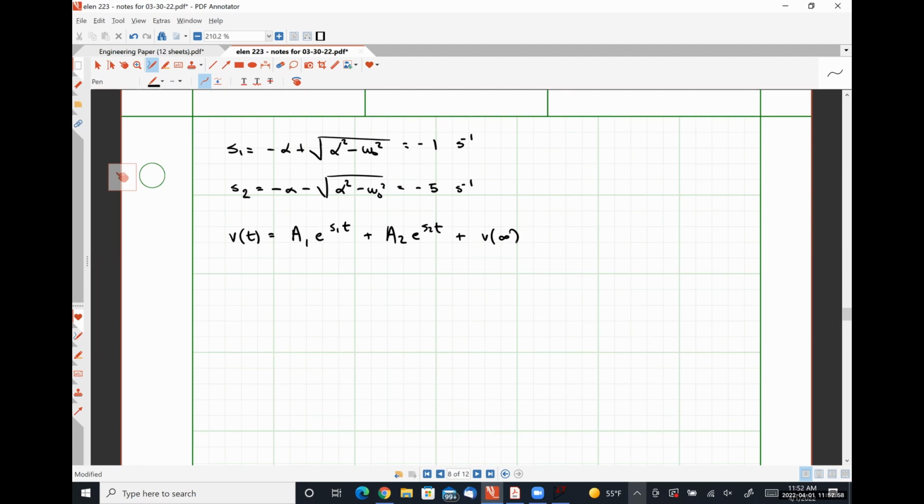Directly from the table, at t is equal to 0, we have V of 0 is equal to A1 plus A2 plus V of infinity, or A1 plus A2 is equal to V of 0, which is 0, minus V of infinity, which was 8. So A1 plus A2 is negative 8 volts.